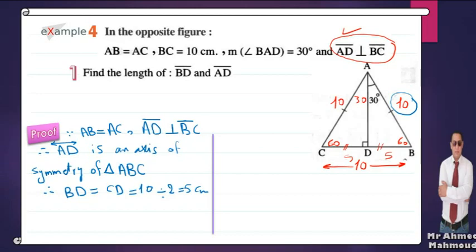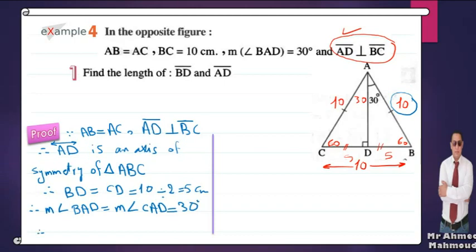Therefore, also measure of angle BAD equals measure of angle CAD equals 30 degrees.